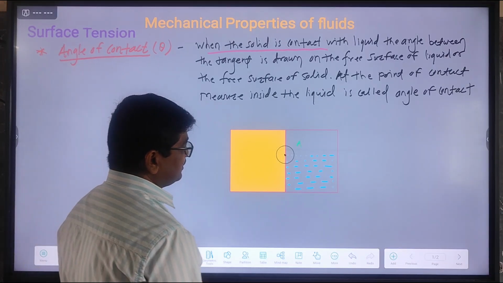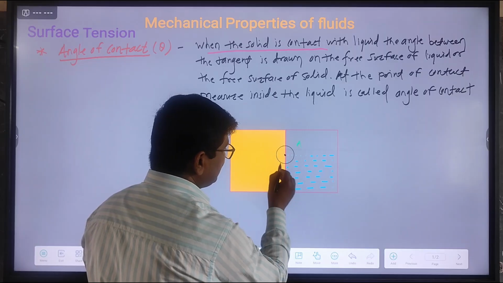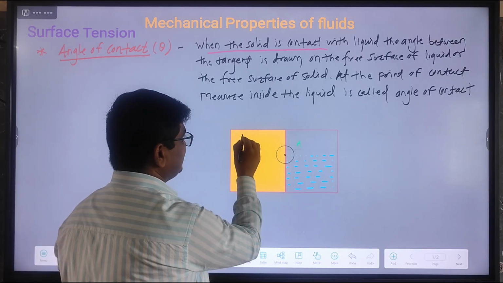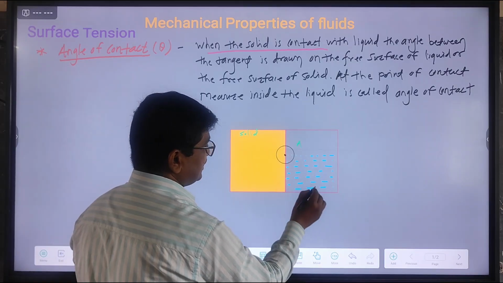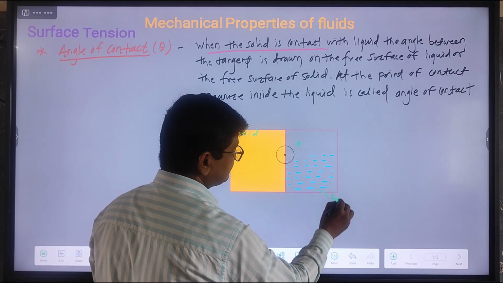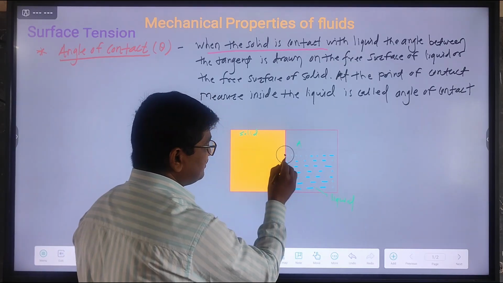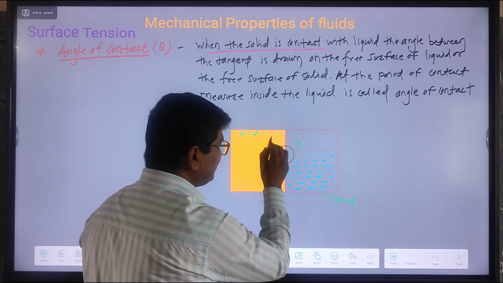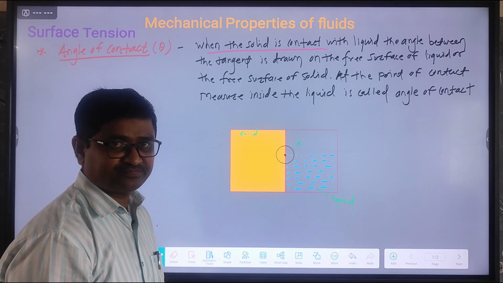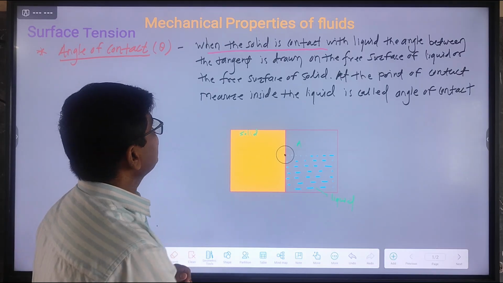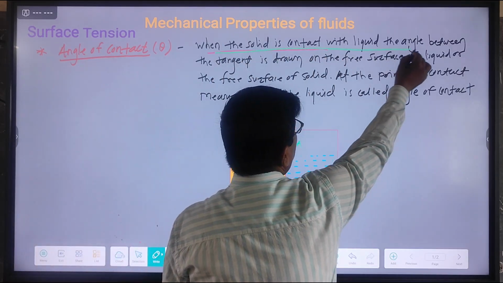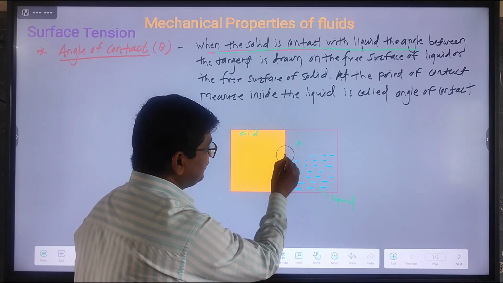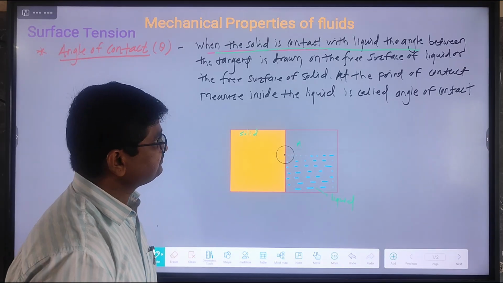Now its sphere of influence: the half sphere of influence is in solid, this is solid and this is liquid, a small part of the sphere of influence is in liquid, and a very small part of the sphere of influence is in air. You got it clear? So as per the definition, when the solid is in contact with liquid, the point of contact will be denoted by the molecule A.